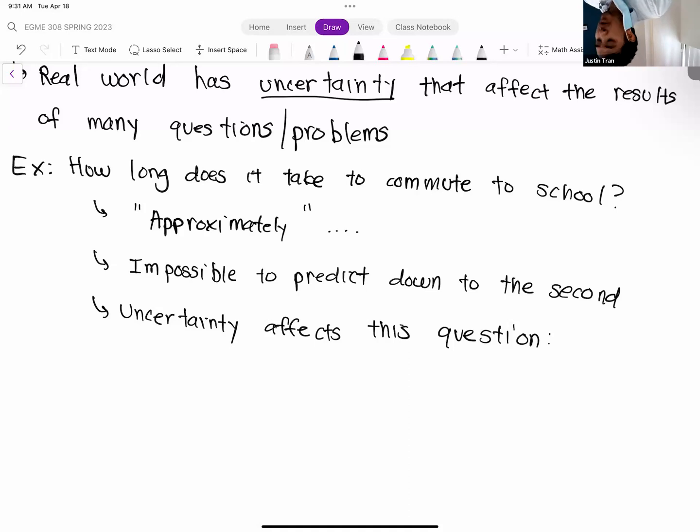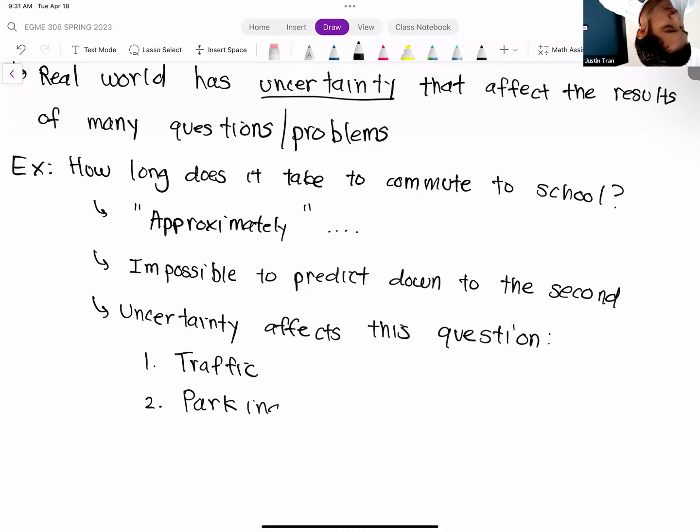Okay. And so let's list out some factors that can affect your commute. So some things like traffic. Right? That's always the big one. Two is parking. Especially on this campus, parking is a nightmare sometimes. Right? And maybe you had to stop for gas.